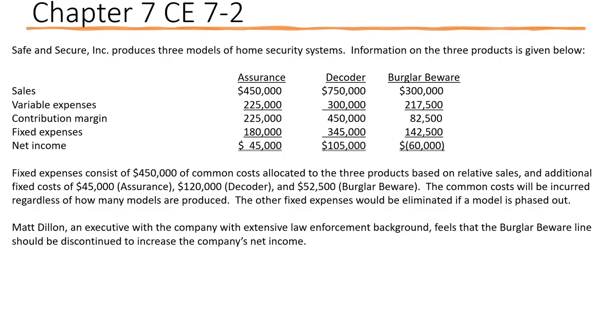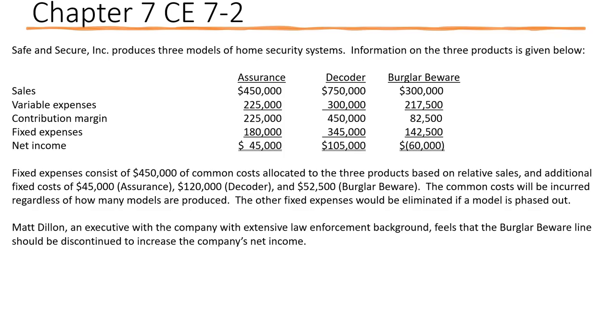Fixed expenses consist of $450,000 of common costs allocated to the 3 products based on relative sales, and additional fixed costs of $45,000 for Assurance, $120,000 for Decoder, and $52,500 for Burglar Beware.